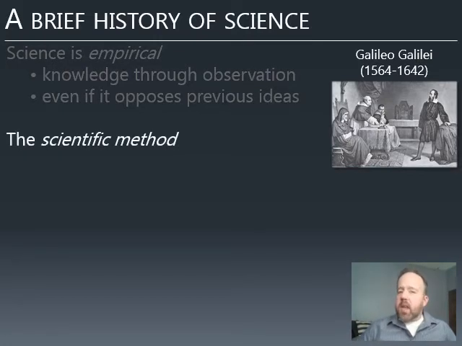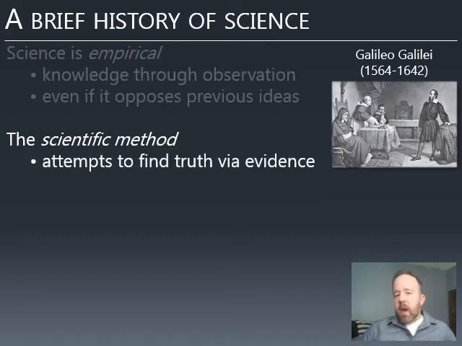So when it came down to going to prison, he backed away, but he still knew what his observations said. So then, of course, there's the scientific method. And what does that involve? The scientific method, again, is an empirical approach, and it attempts to find the truth, something about the way the universe works. Here we're obviously interested in people, how people work, but either way, trying to figure that out via evidence.